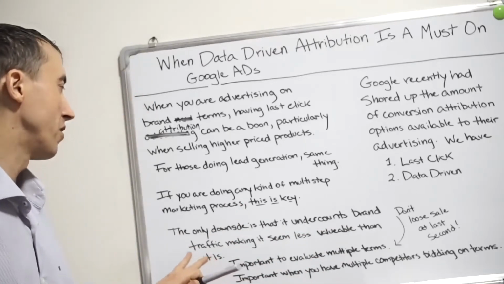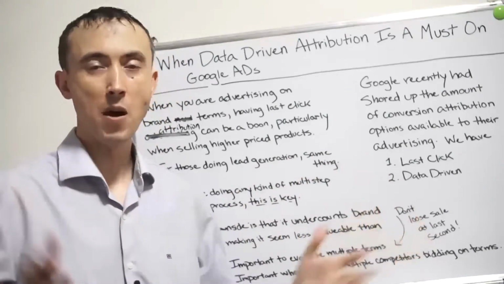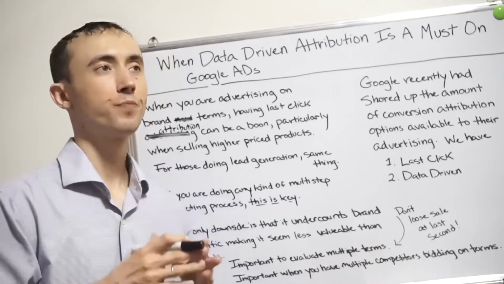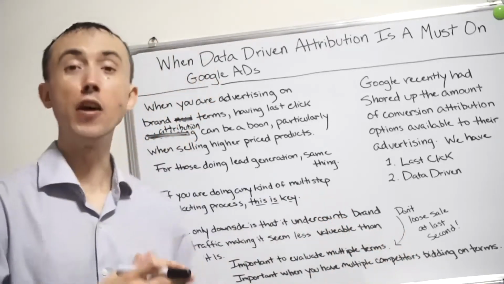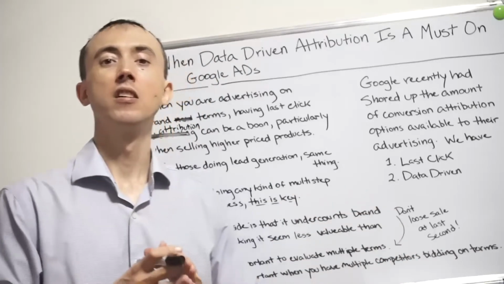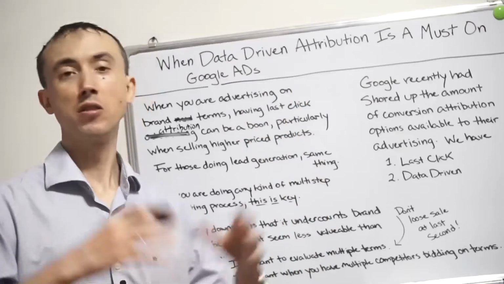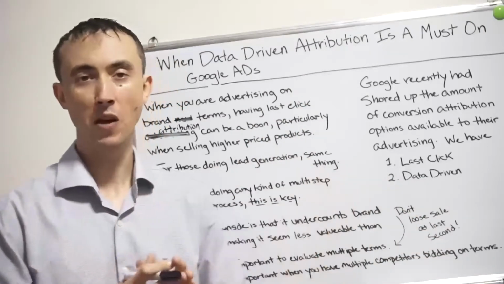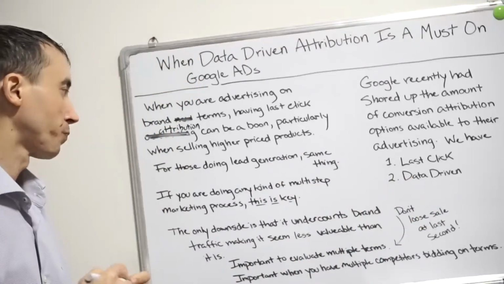So what I mean by that is, going back to the whole rant that I had about brand, you always want to do brand, even if you rank first organically for your brand and nobody else is advertising on your brand search itself. I would still do brand because of all the misspellings and people that can't quite remember how to spell your brand name or your product name or your trade name or whatever.